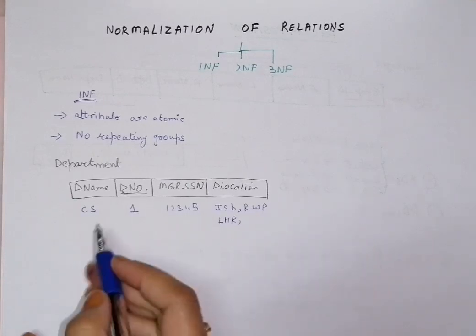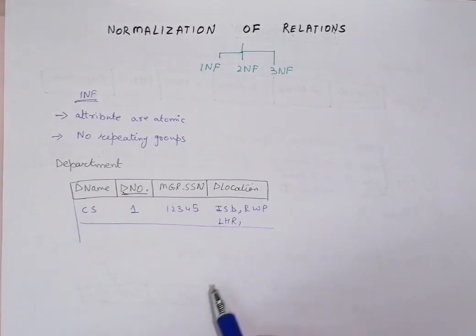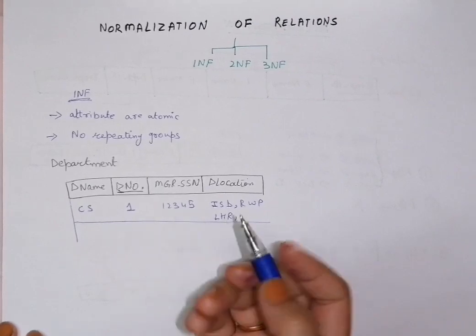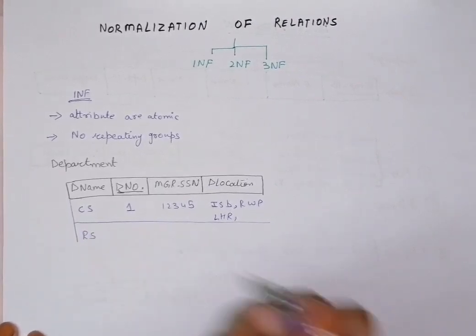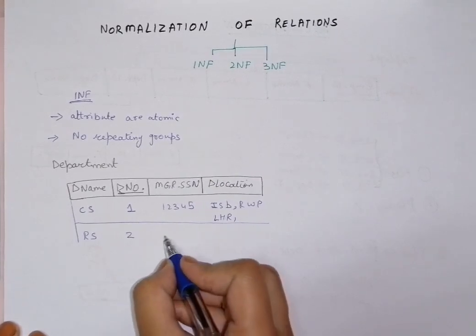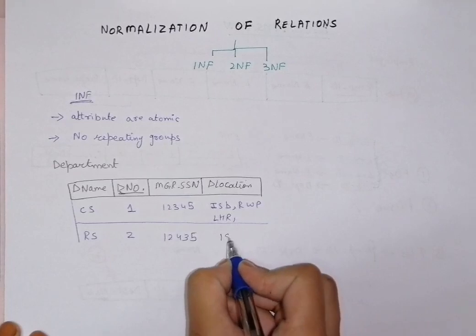This is the single record that I have written so far. Maybe there's another department, I call it RS, you can name it any name. Its ID is 2, let's say the manager is 12435, and the department is located in ISP.